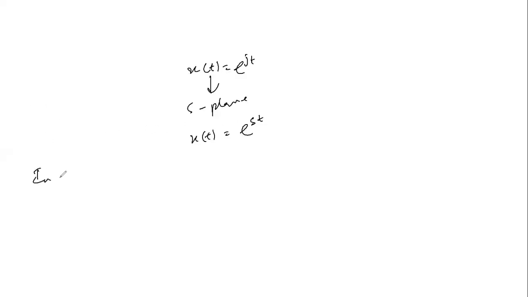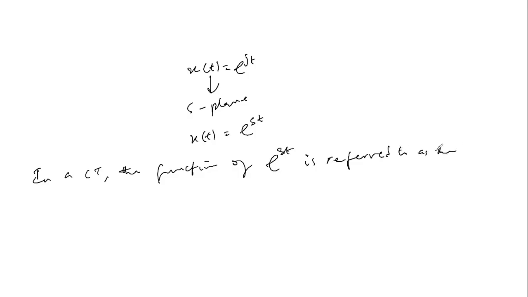So, in a continuous time system, the function e^st is referred to as the eigenfunction.